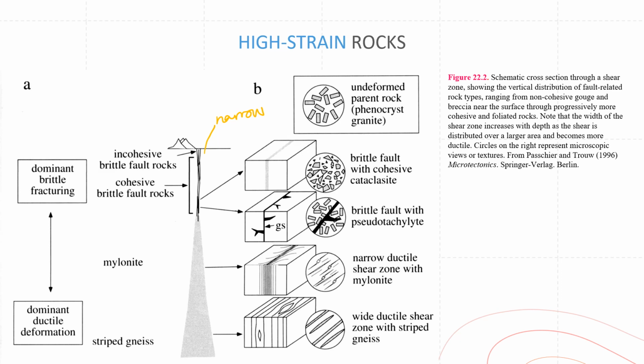Therefore this is where you would find rocks that are less cohesive, such as your breccias and your gouges. So that is at the very top: you have a very narrow fault zone, and you would find breccias and gouges because of this more brittle behavior.